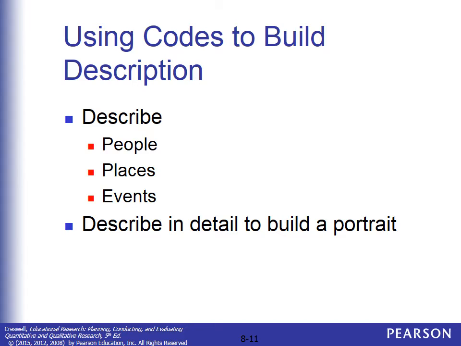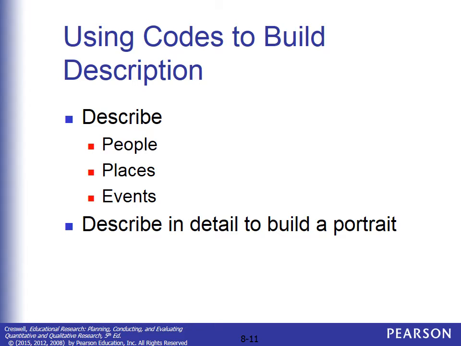studies, the researcher provides a considerable description of the setting. Describing detail is important, and the researcher analyzes data from all sources, the interviews, the observations, the field notes, to build a portrait or a picture of the individuals or events.